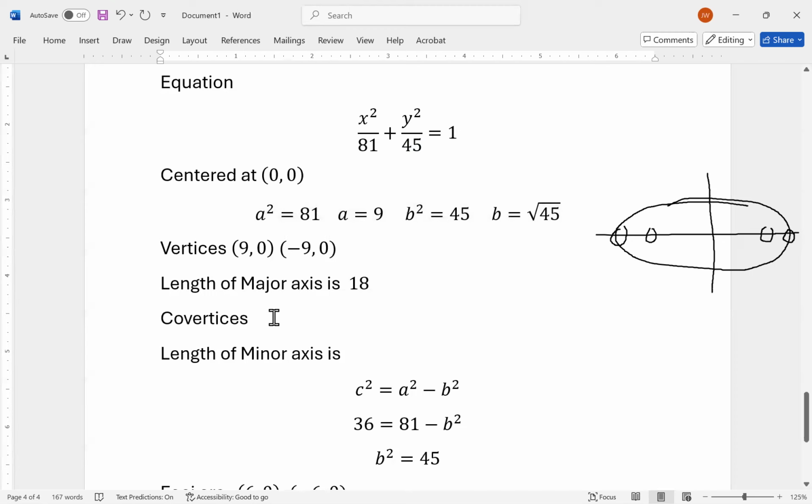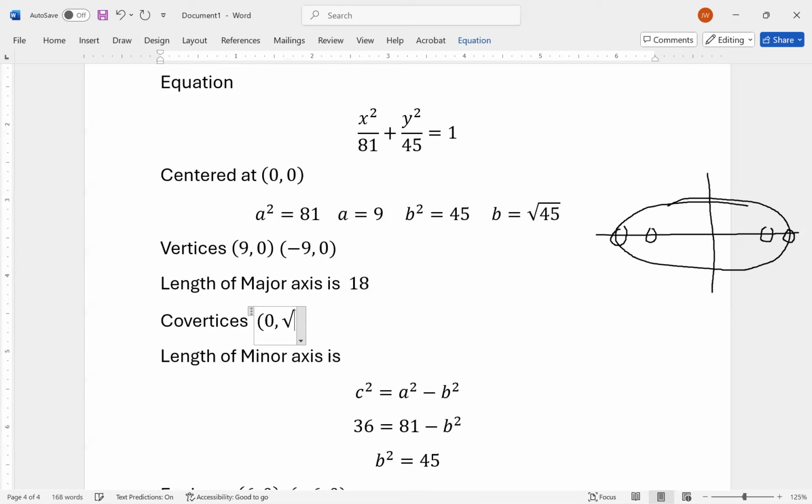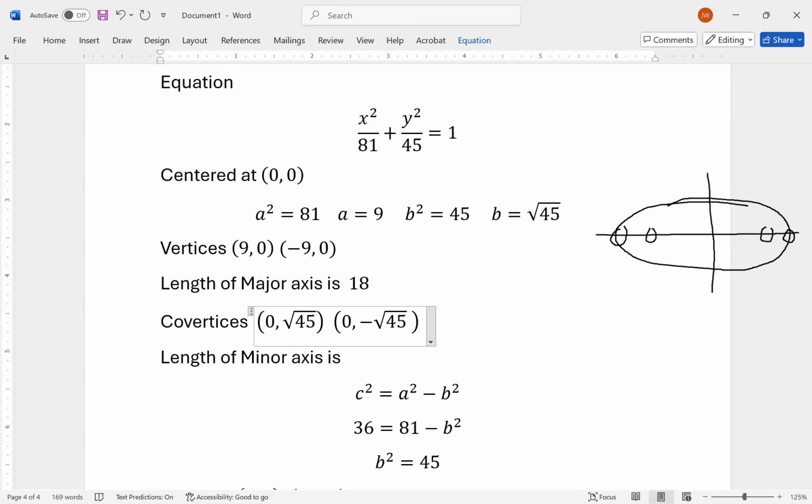The co-vertices are going to be 0 comma square root of 45 and 0 comma negative square root of 45. So those are my two co-vertices.